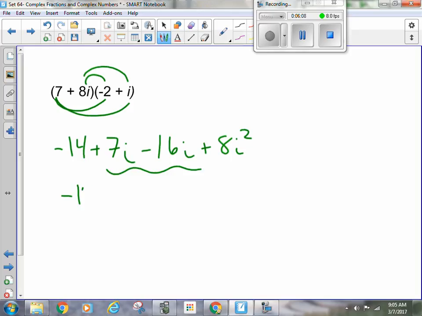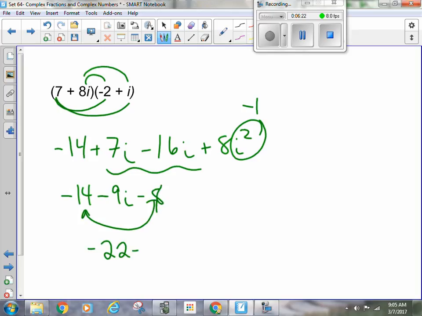The other thing to keep in mind is that we had in our video when we were introduced to imaginary numbers, that i squared turns into a negative 1. So this becomes a negative 8. We have a few more like terms, so we get negative 22 minus 9i. You could type that into your calculator also, but this one's easy enough that you can do it without.